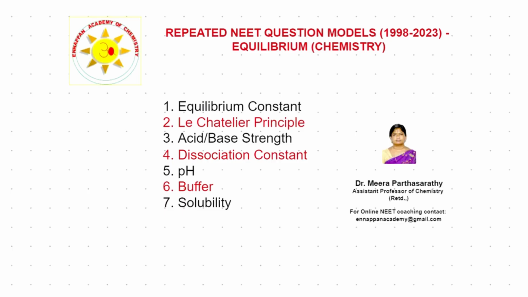This lecture will be split into 2 parts. In the first part, we will analyze the first 3 headings, that is equilibrium constant, Le Chatelier principle, and acid-base strength. The remaining 4 headings will be discussed in part 2. Now, we can go to the questions.